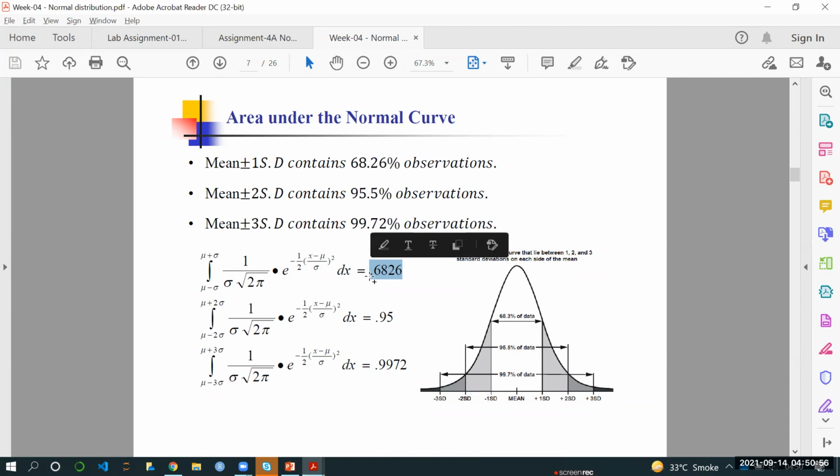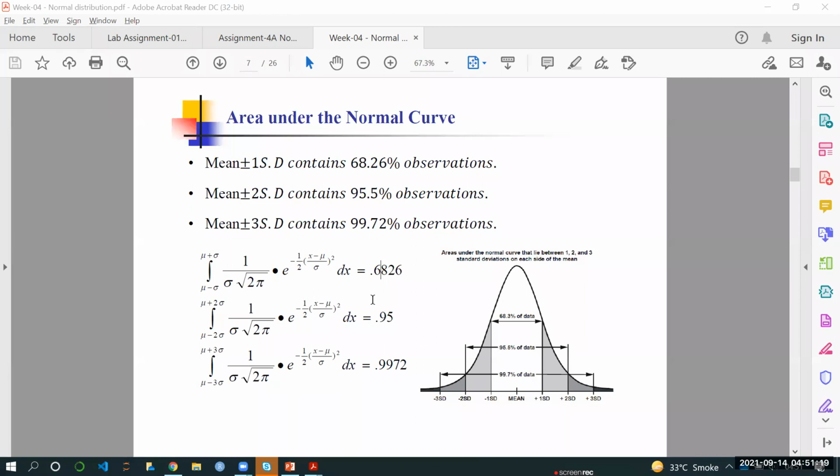Based on these, we can say 68 students out of 100, that is 68%, will have marks between 55 and 75.